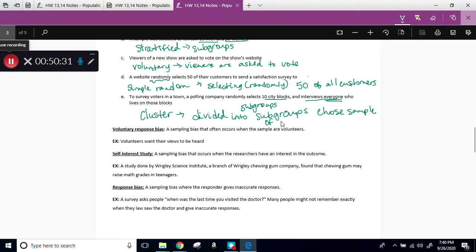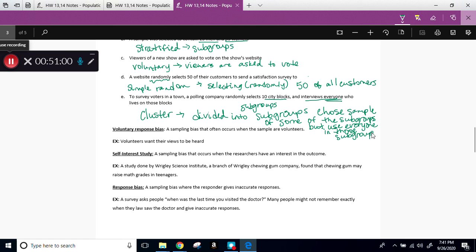They chose some of the subgroups but use everyone in those few subgroups.